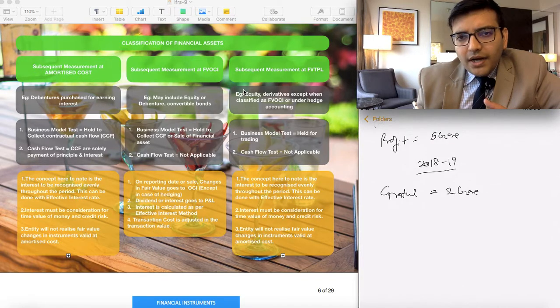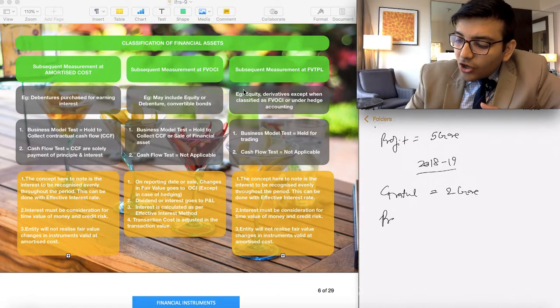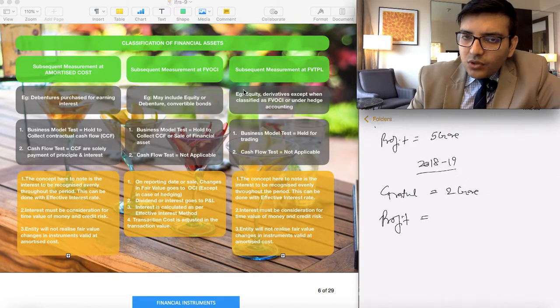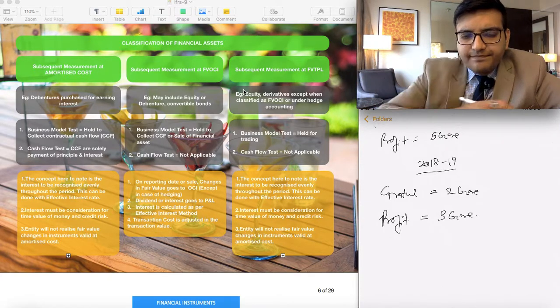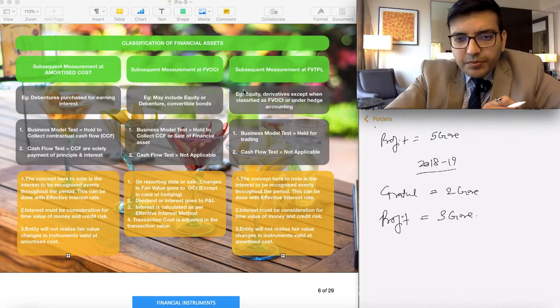So it is double. Now what is the reason why it is double? Nobody knows, we don't know. And the profit dropped in 18-19. Assuming it was the same 5 crore, it dropped to, let's say, 3 crore. So it has a huge impact.